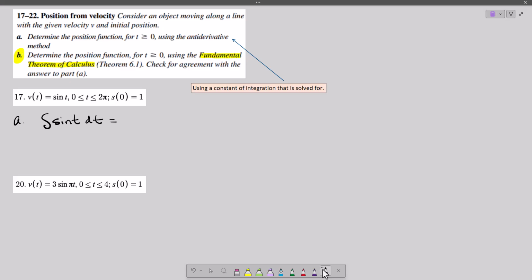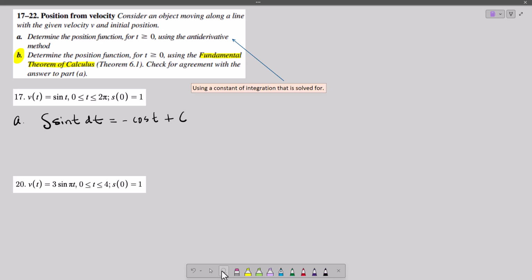You can do it as an indefinite integral, no limits of integration. So we integrate v. The derivative of sine is cosine, the derivative of cosine is negative sine. That all means that the integral of sine is negative cosine. But it's an indefinite integral, so you have a plus c. Okay, so this is not quite s yet.